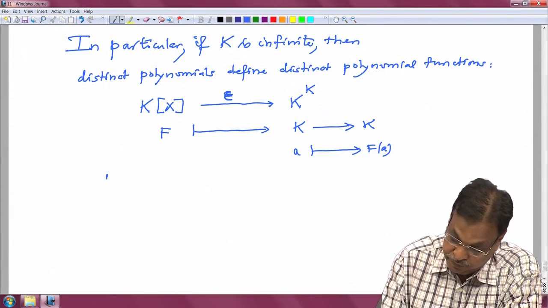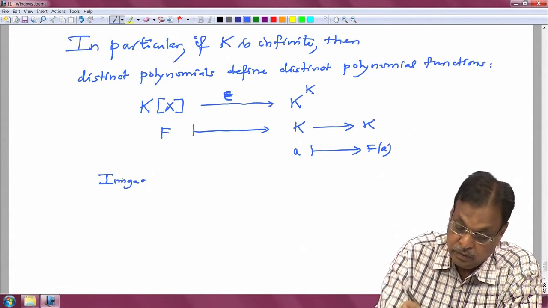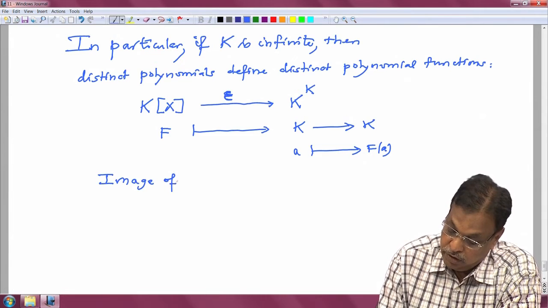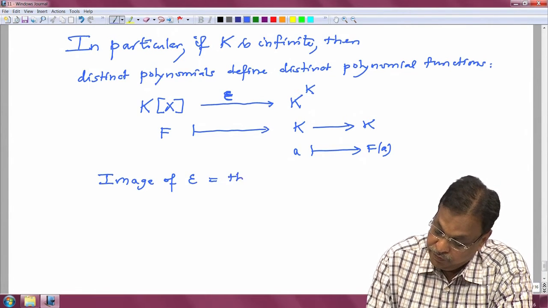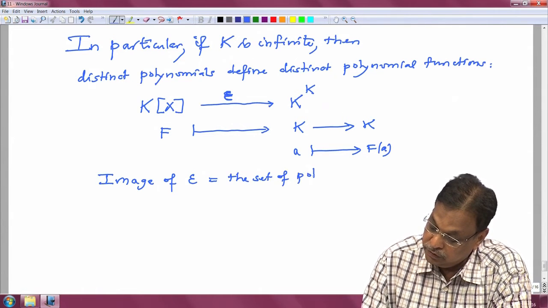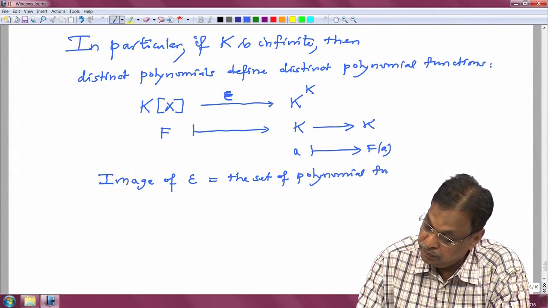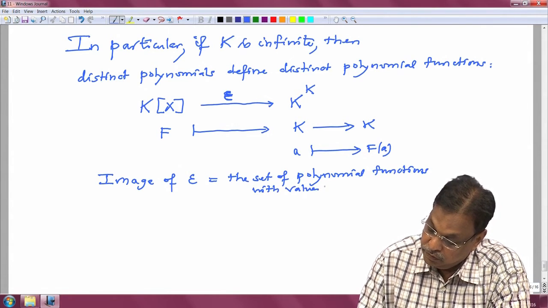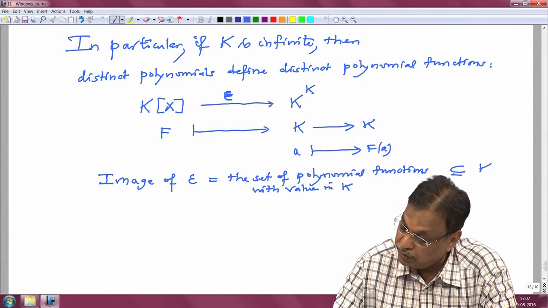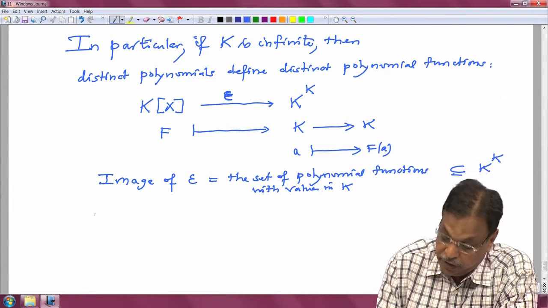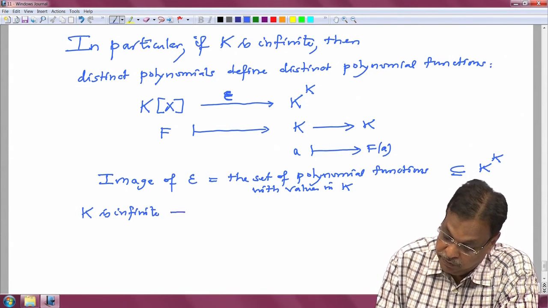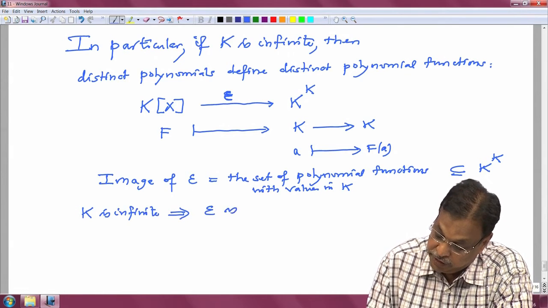This is a polynomial function. The image of epsilon is precisely the set of polynomial functions with values in K, so this is a subset of K power K. What we have proved here is, if K is infinite, then this map epsilon is injective.